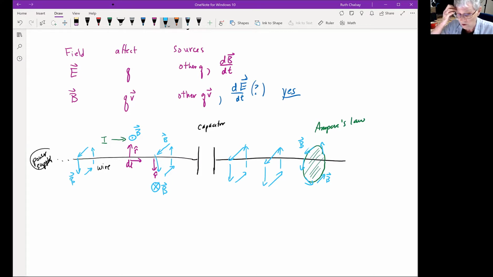And we know the current, so we can just use Ampere's law here. And so we get that the integral of B dot dl around this round trip, around this path, is equal to mu zero times the current that's inside, the current that's piercing this surface here, which is our current I. So that's fine.